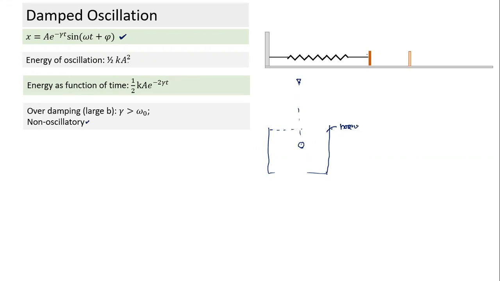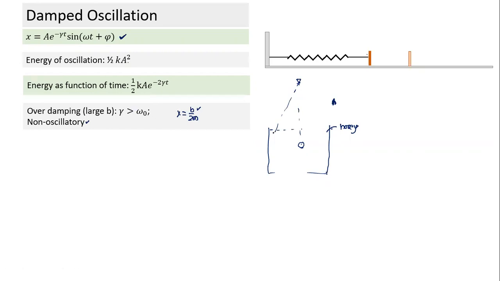If it is honey, what will happen? Which term will increase compared to air? Can somebody tell me which term will increase if I have honey in place of air? B will increase. B will be much higher, and gamma is equal to B by 2m. If B becomes very high, gamma becomes very high, and it may exceed omega naught.